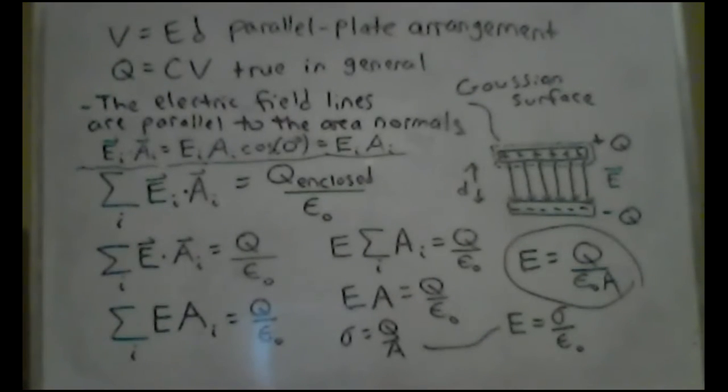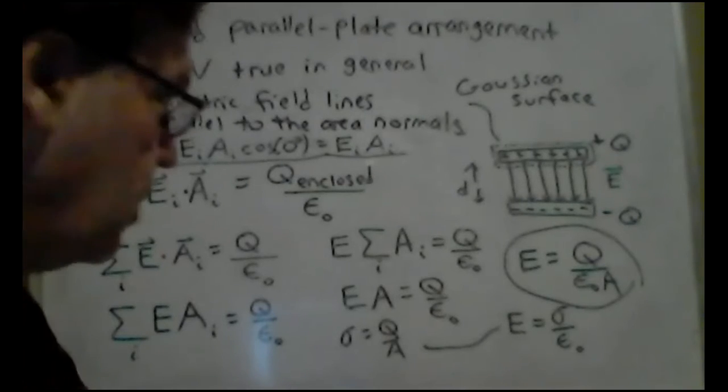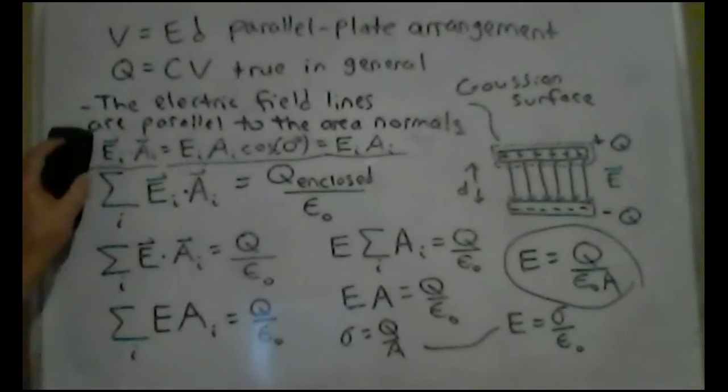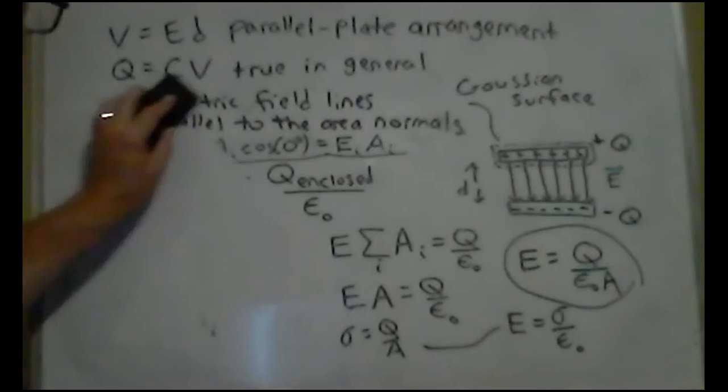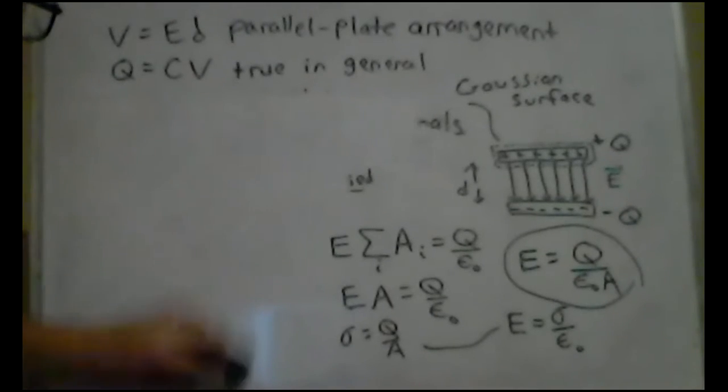The relationship between the electric field that emanates from the upper plate and the charge is given as E equals Q over epsilon naught A. We can add that to our parking lot of what we know. And this is a direct usage of Gauss's law of electricity. So we have one more thing we know, and now we can actually derive the capacitance.